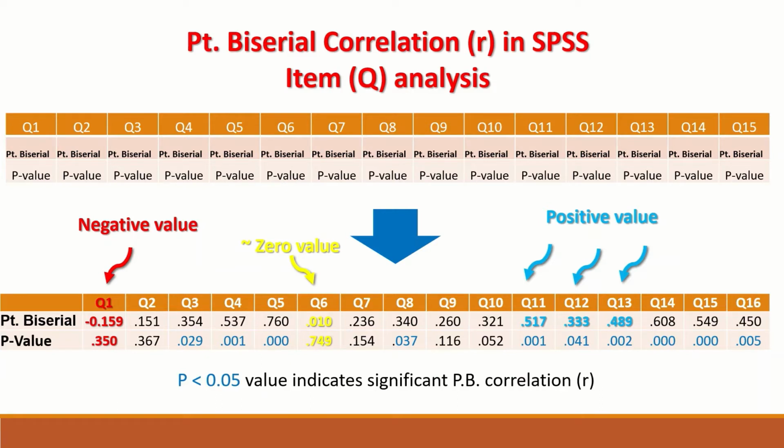The next slide shows item analysis using the point-biserial correlation coefficient, either in SPSS or in another software package called Excel.